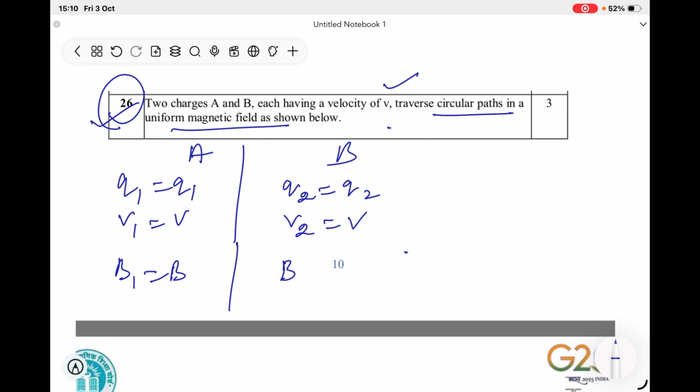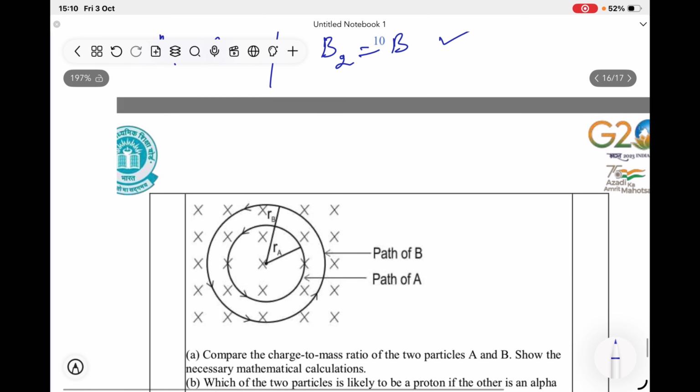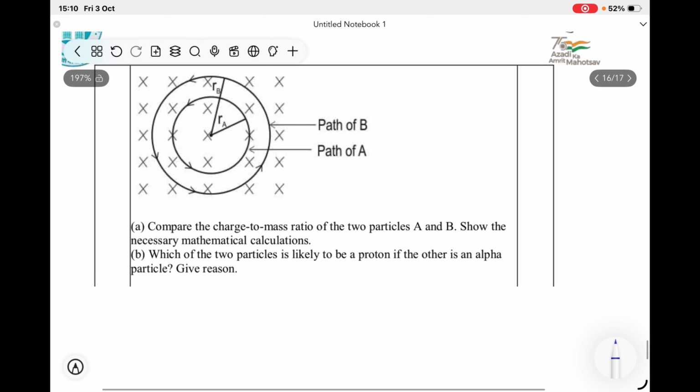So you have to pick up these quantities from the statement. Nothing is written in the statement, but still so many quantities. Magnetic field is same, velocity is same, charges are different. Compare the charge to mass ratio of the two particles A and B. Show the necessary mathematical calculations.